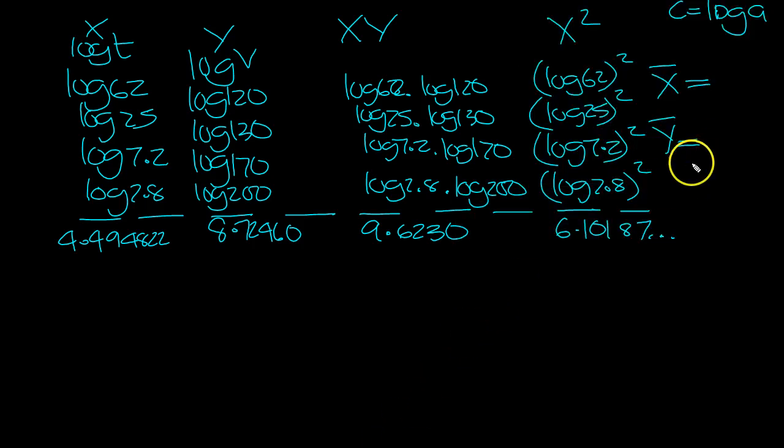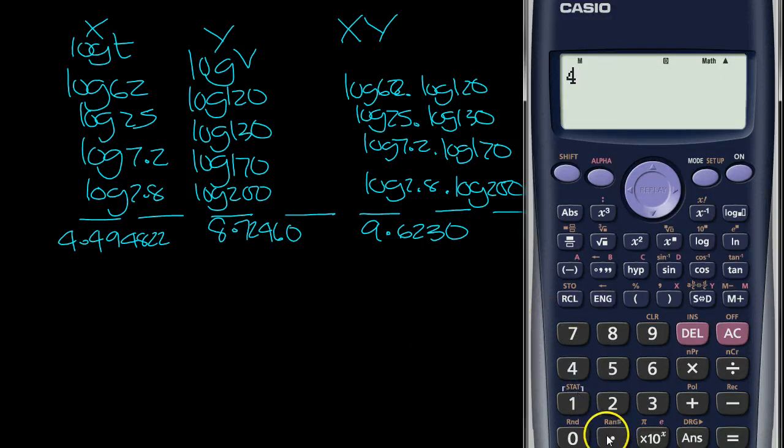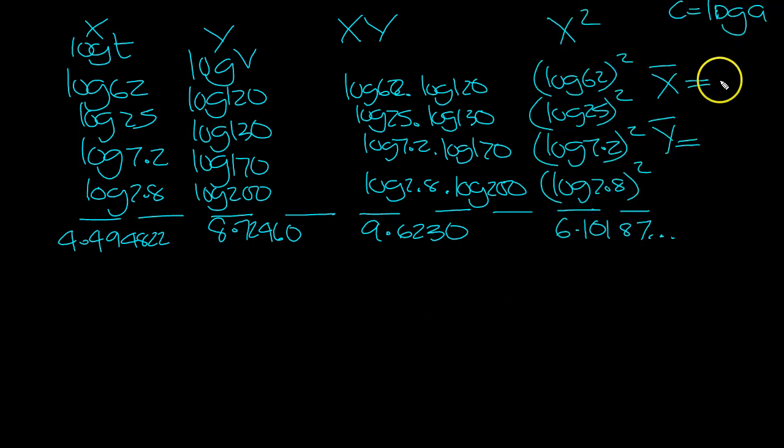So x bar will be the summation of x. So we got 4.494822 divided by 4, isn't it? Which is the number of entries. 1.1237.